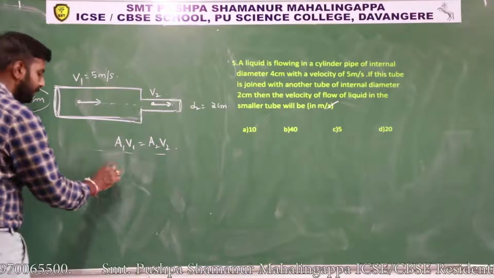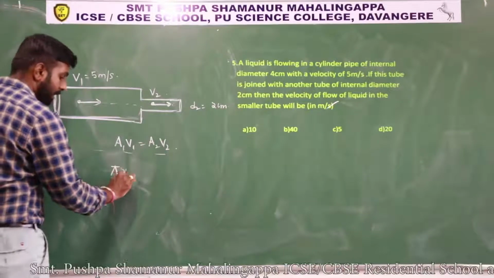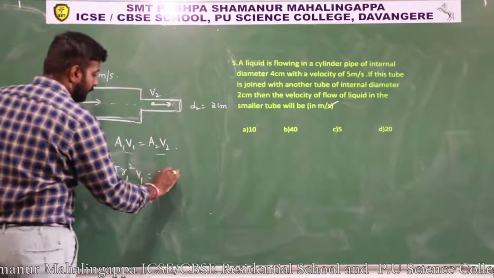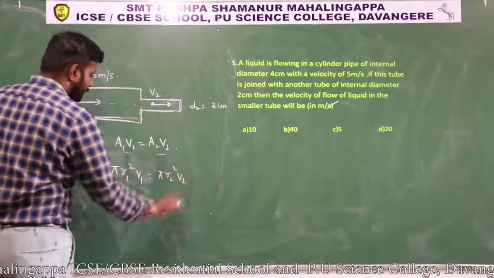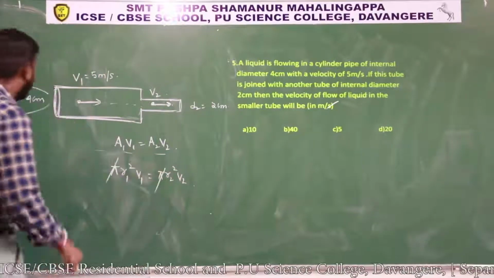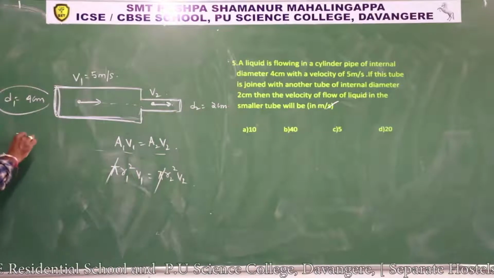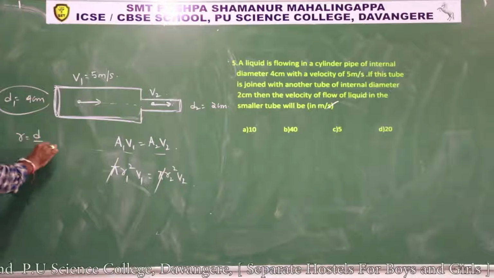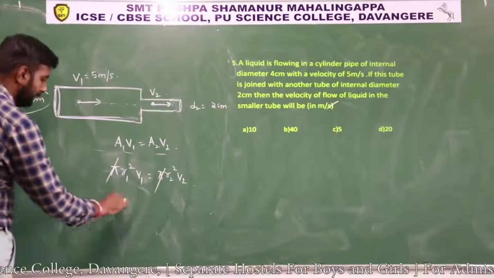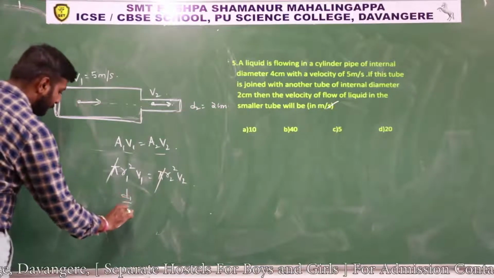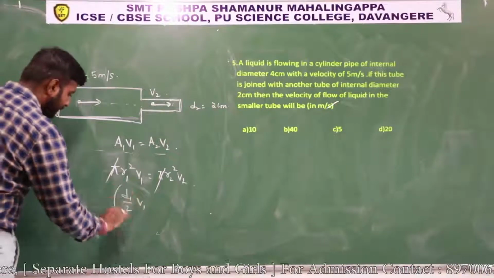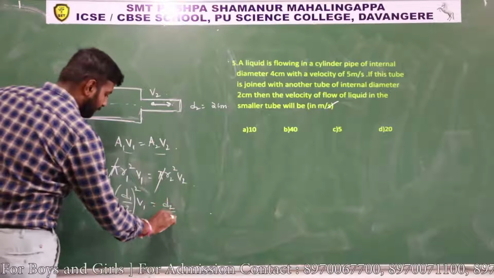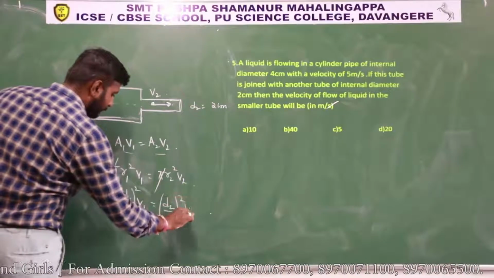Here A1, pi R1 square into V1 is equals to pi R2 square into V2. Pi will get cancelled. Diameter is given, that means the radius is equals to d by 2, half of the diameter. You can consider this is d1 by 2 whole square into v1 is equals to d2 by 2 whole square into v2.